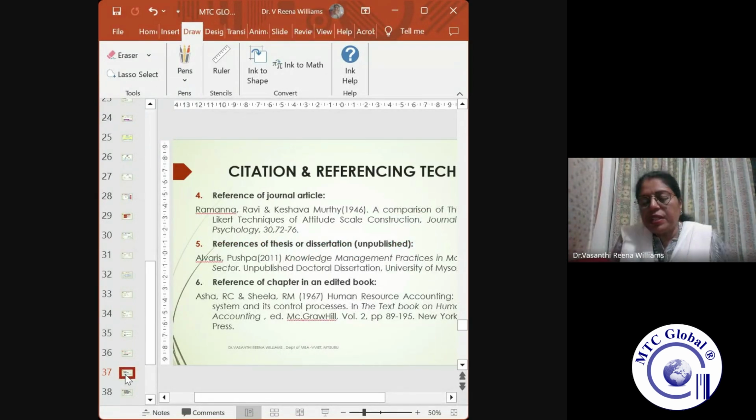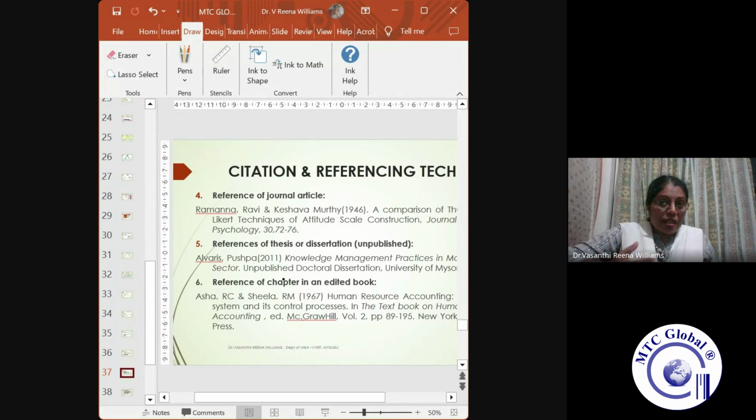And you have a different style when you're referencing through a journal article, or a thesis dissertation, or even a discussion on TV, say NDTV or CNN. There's some discussion happening and it is related to your study, and you've collected some information from there.